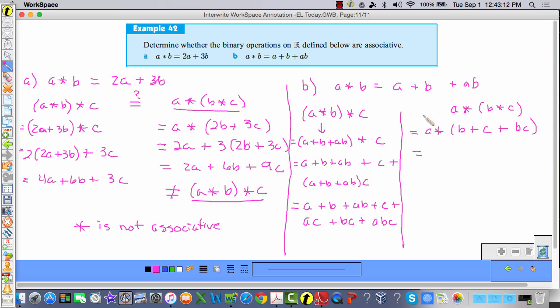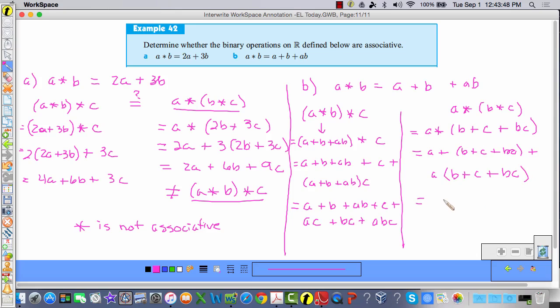My first term, this is nice. Wherever there is an A, I'm going to replace it with an A. Whenever there's a B, I have to replace it with this big giant mess. So this A is replaced with this A, this B is replaced with all of this, plus this A is replaced with this A, and then I have to multiply it by all of this: B plus C plus BC.